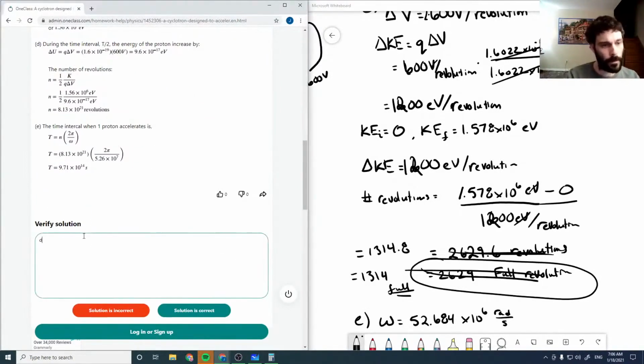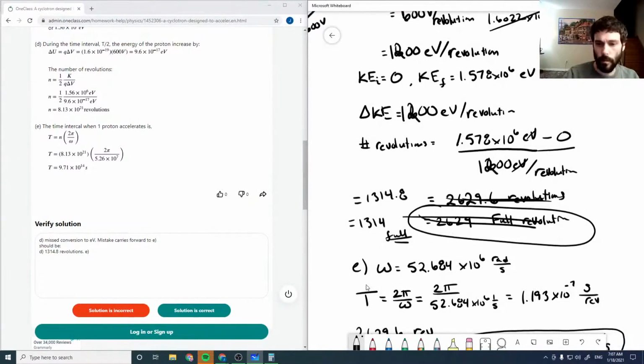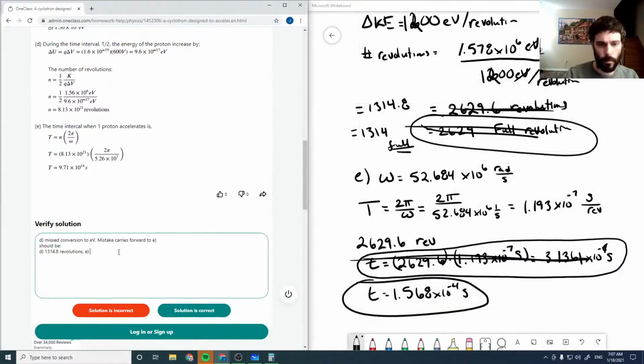So let's say the mistake in conversion to eV carries forward to E. D should be about 1314.8 revolutions, and E is 1.568 times 10 to the minus 4 seconds.